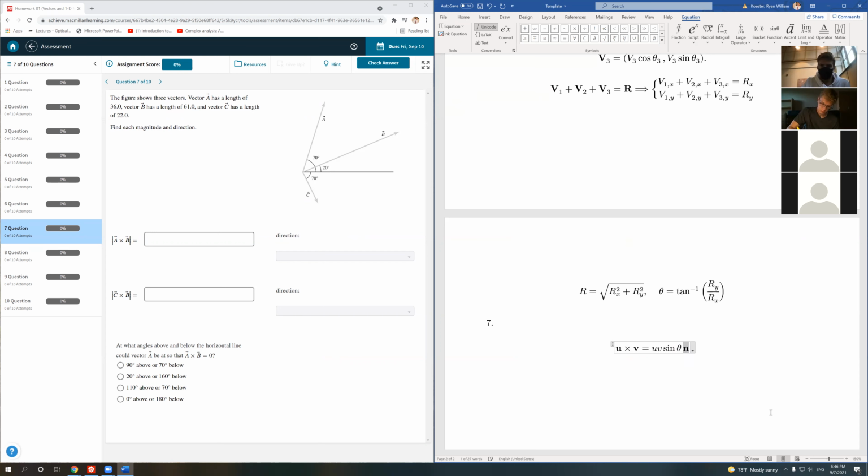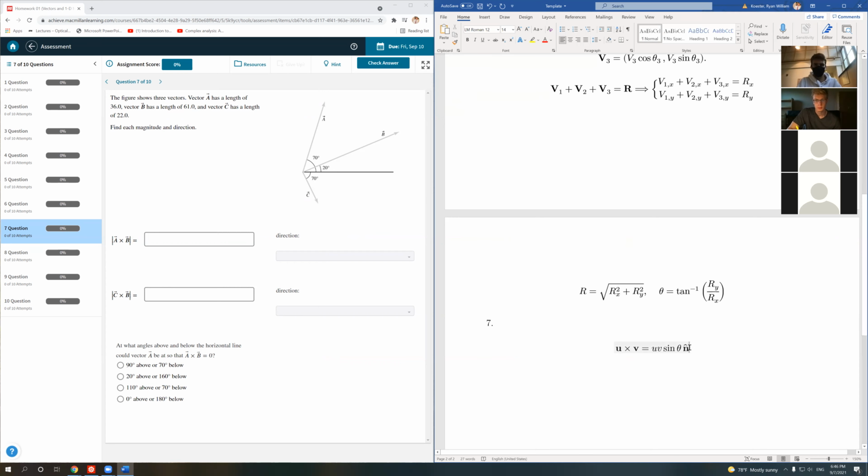This is one of the instances in which I think the unit vector notation is useful, because n hat is just the unit vector that's perpendicular to both U and V. So this could be one way you might write the formula for the cross product.